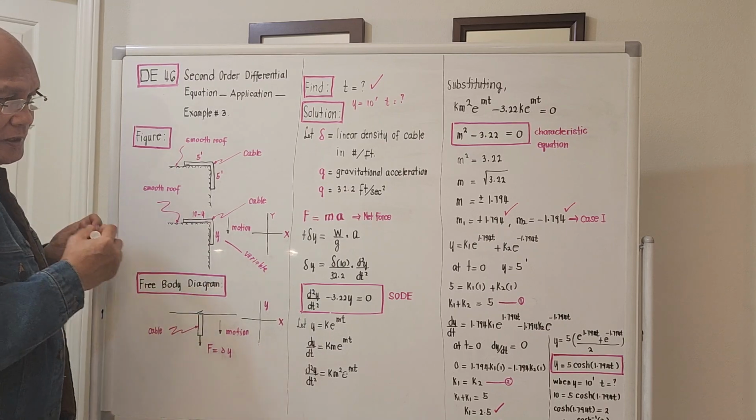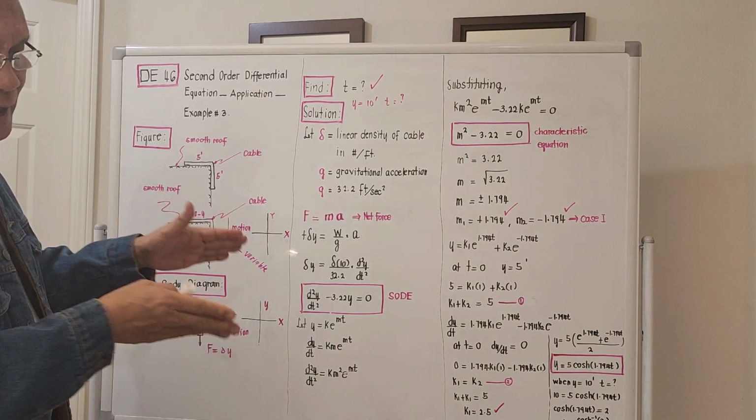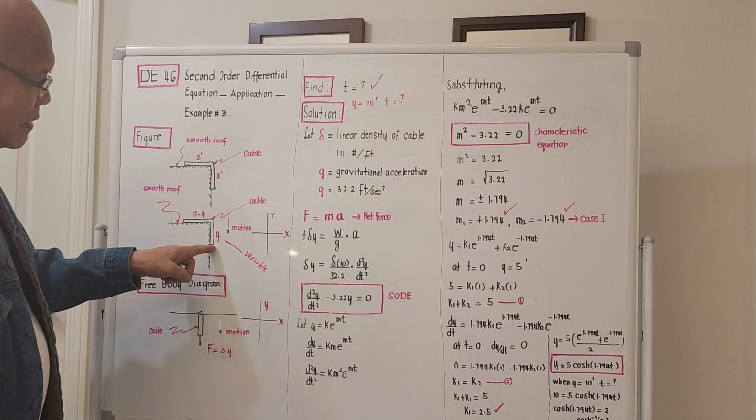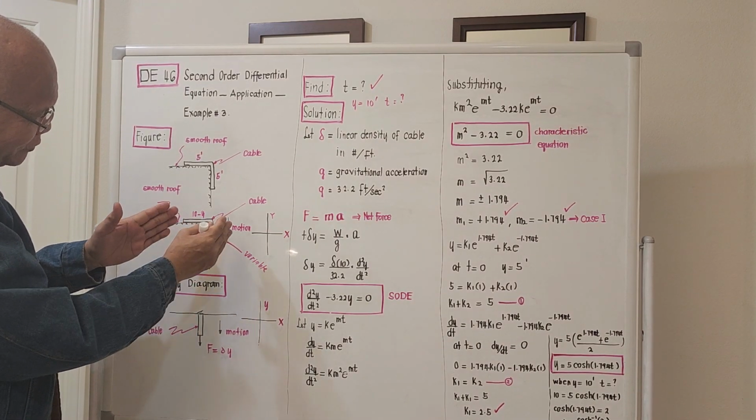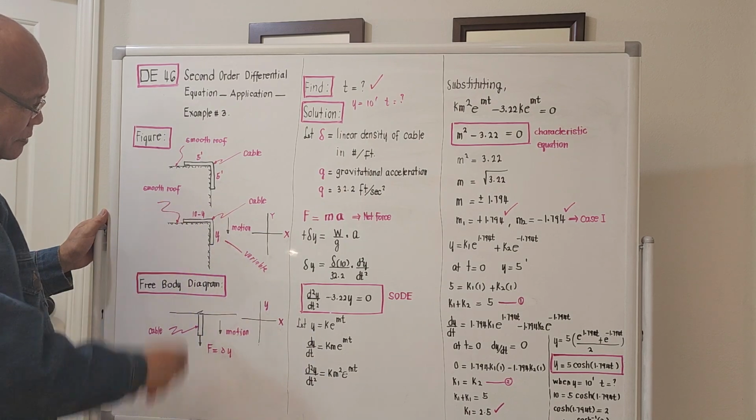The length of the cable that is hanging at any moment in time is represented by y. So if this is y, what remains on the roof is 10 minus y.